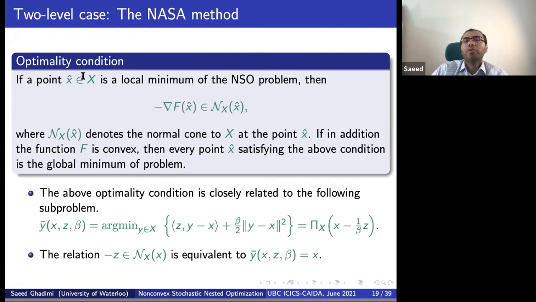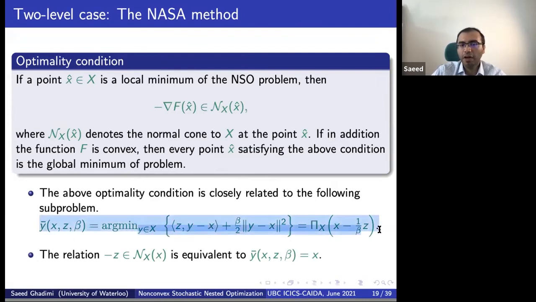In this case, we know that the optimality condition would be: x hat would be a local min if the negative gradient of f belongs to the normal cone at x hat. This is related to the subproblem that we solve at each iteration, the quadratic subproblem.